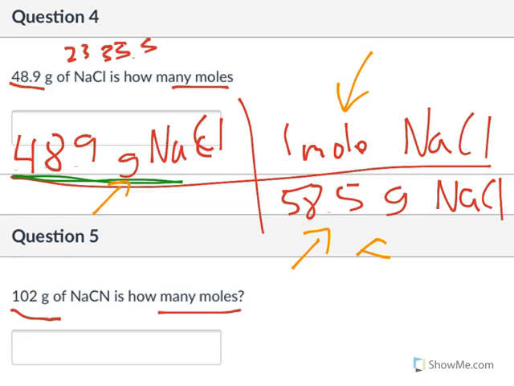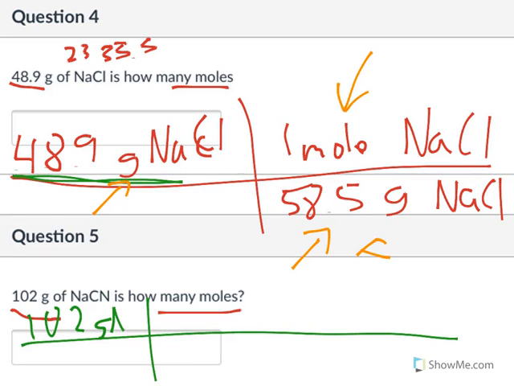Okay, next one here. We have 102 grams of NaCN. So let's try this one. We're going to start with what we know. We have 102 grams of NaCN. And we know we have grams on the top here, so that means the grams are going to go down here. How many grams are in a mole? We have Na, that is 23, C, that is 12, and nitrogen, that is 14.